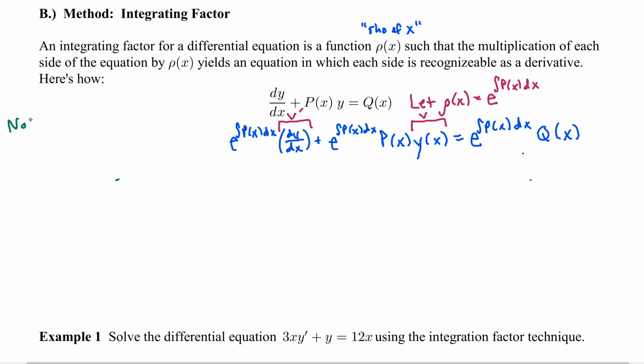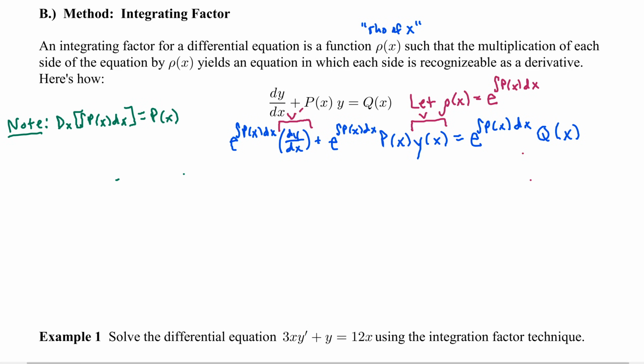To understand the pattern of the other terms, observe this to begin with. The derivative with respect to x, so I'm using differential operator notation here, big D sub x, that means the derivative with respect to x, of the integral of p of x dx. Okay, so notice I'm differentiating an integral. Those are two inverse functions, so they basically undo each other, and we end up with integrand p of x.